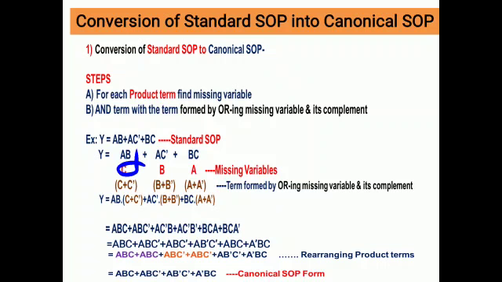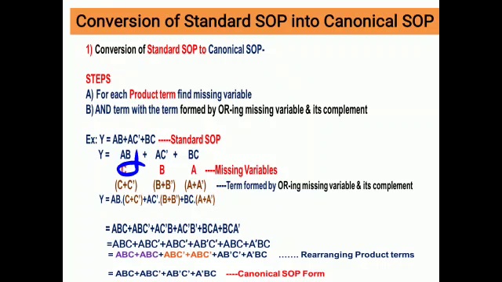And then we have to AND, or rather OR, this missing variable with its complement. For example, if the C variable is absent in the first one, we have to write C plus C bar. So we OR that missing variable with its complement, and then AND with the first term.